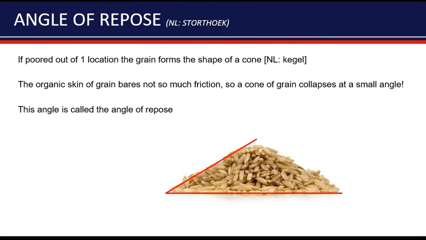There's not so much friction on the outside of the skin of the grain particles. The cone collapses at a very small angle. So this angle with the horizon, I indicated here, is called the angle of repose, and in Dutch we call this storthoek.